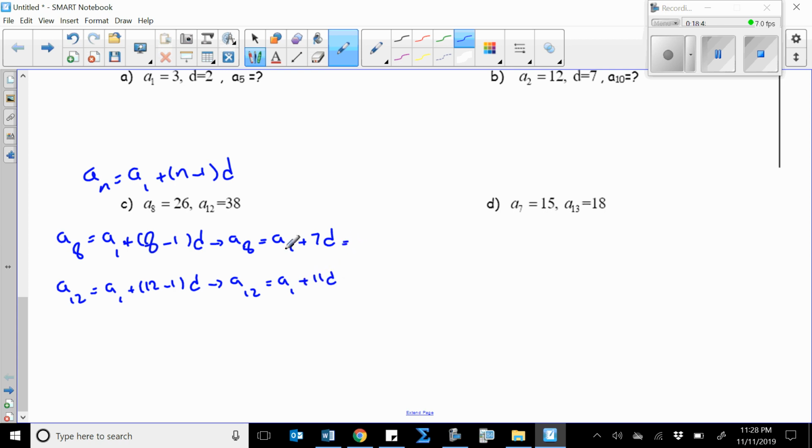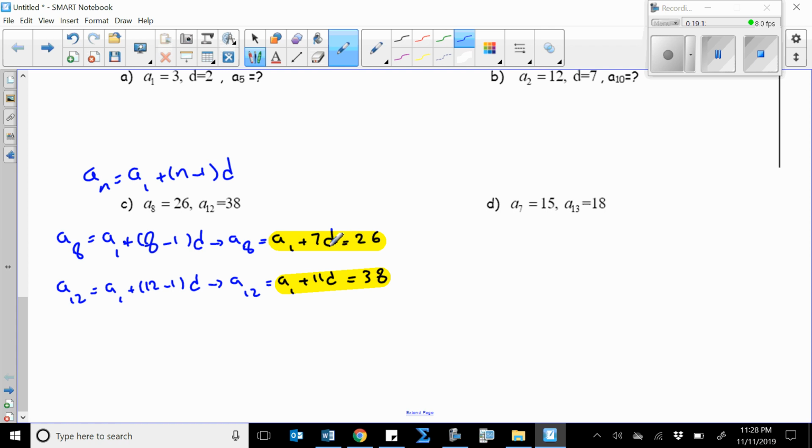On the other hand, we know that A8 was equal to 26 and A12 was equal to 38. Now I have a system of equations here. A1 plus 7D equal to 26. I'm going to highlight that. One equation here and one here. I'm going to use a system of equations to solve this.